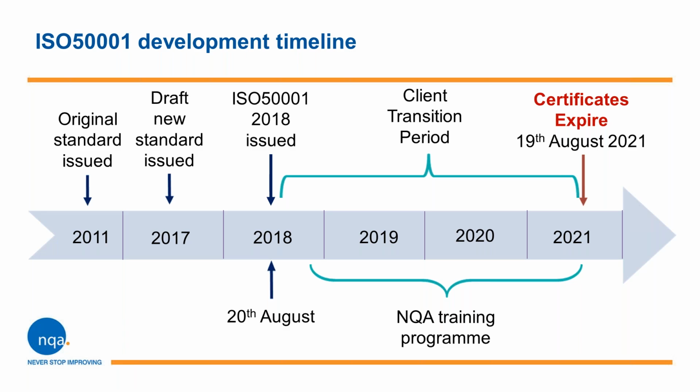If we do any recertification visits now, obviously most people will not be ready to transition just at the moment, but if we did a recertification visit, say next month in October, you would not now get a 3-year certificate. All expiry dates for the existing 2011 standard will now expire on the 19th of August 2021.